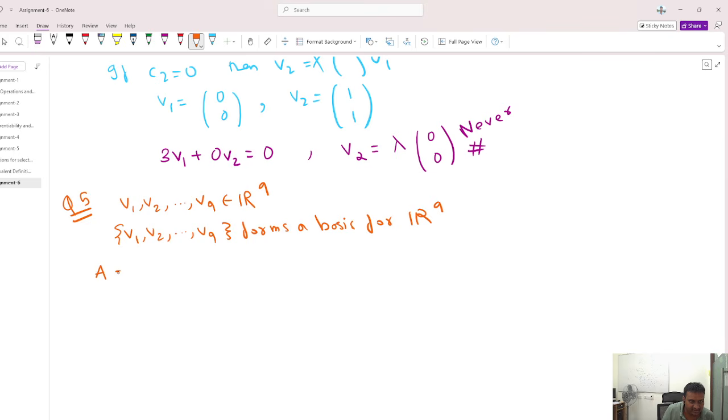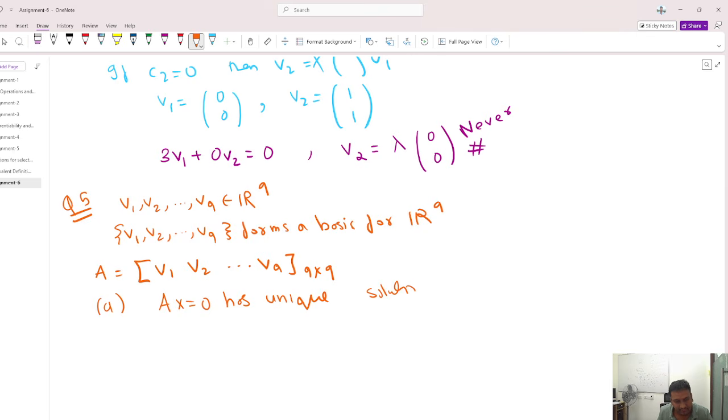And you are considering making a matrix column-wise, a 9 cross 9 matrix, where the Vi are the columns. Can you explain why the following hold? A part: AX equal to 0 has the unique solution x equal to 0 in R9.